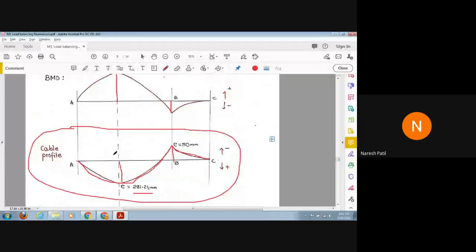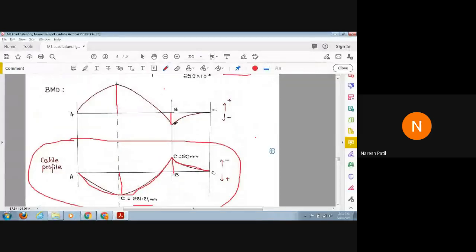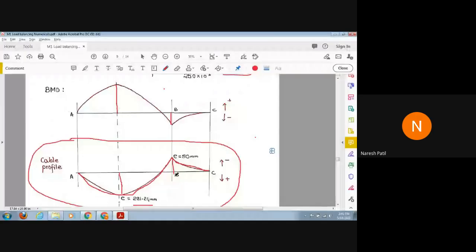If you invert the bending moment diagram, you can exactly see the cable profile, because to balance we have to provide it in the opposite direction. Anyone having doubt here, please ask. This is a very interesting question. So now at least you should have understood the concept of load balancing better.